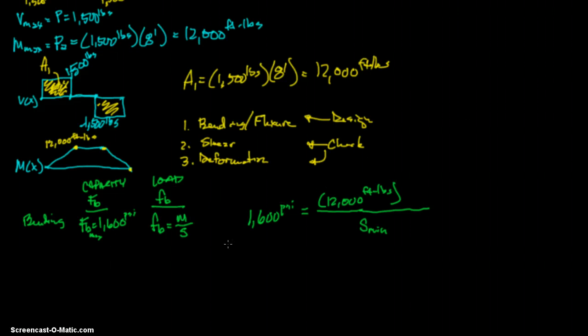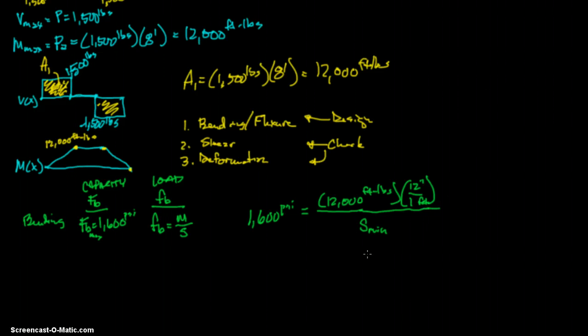So we had M over S, 12,000 pounds. Typically we'll want this in inches to the third, so we want to make this go into inch pounds. To do that, you put foot on the bottom, and 1 foot equals 12 inches.